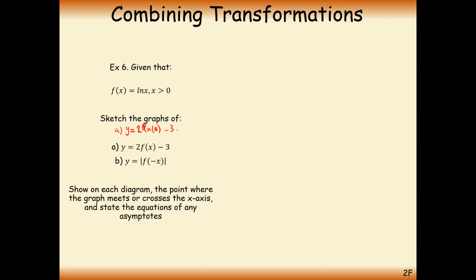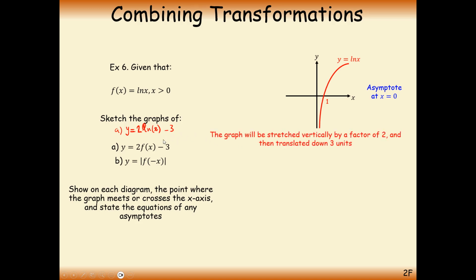Both changes will affect the y values in part A because there is no change inside of the bracket. So we will stretch the graph by a factor of 2 in y direction. That is, positive values become more positive and negative values become more negative. And then we will translate the graph downwards by 3 units because of the minus 3.